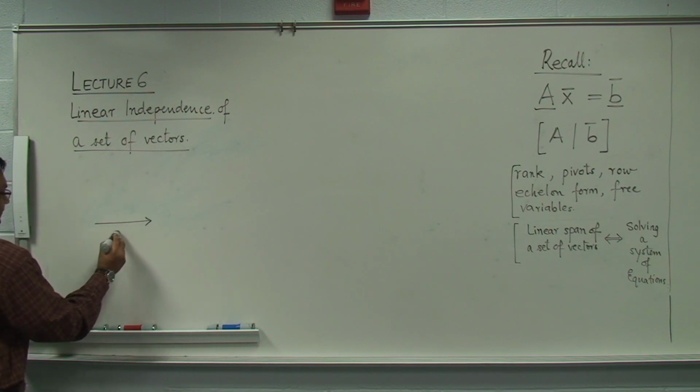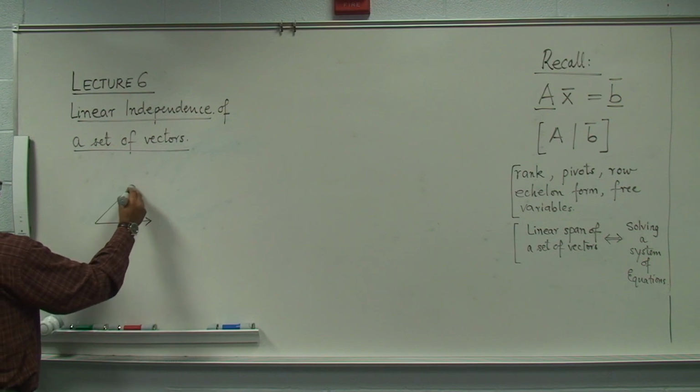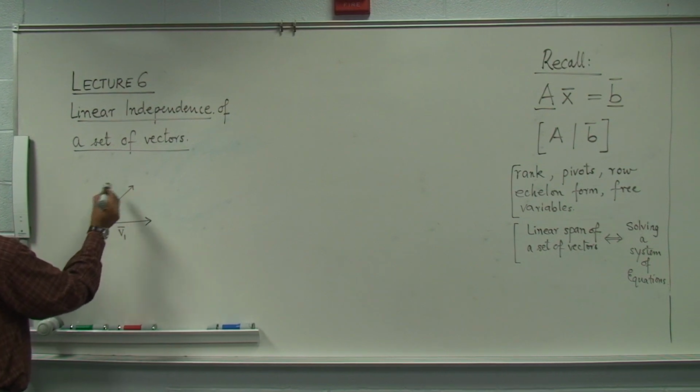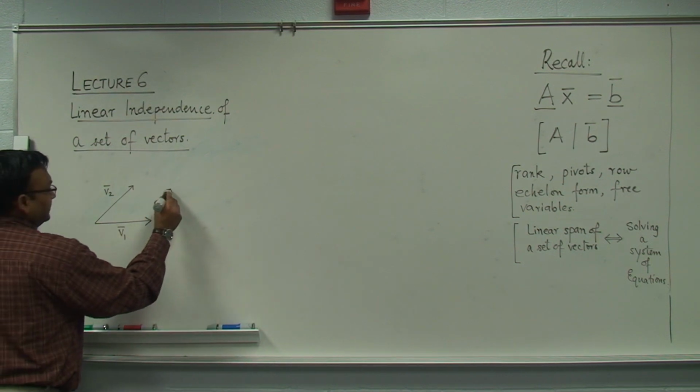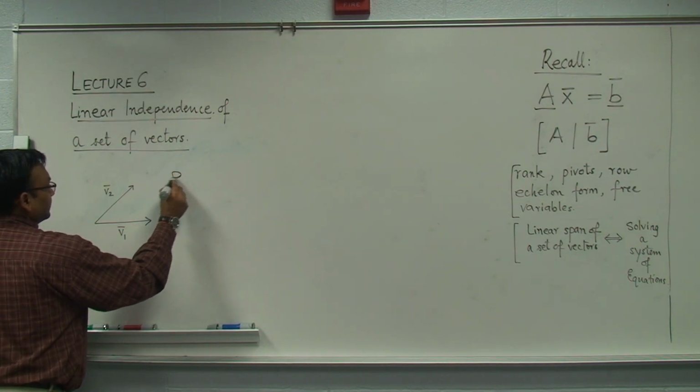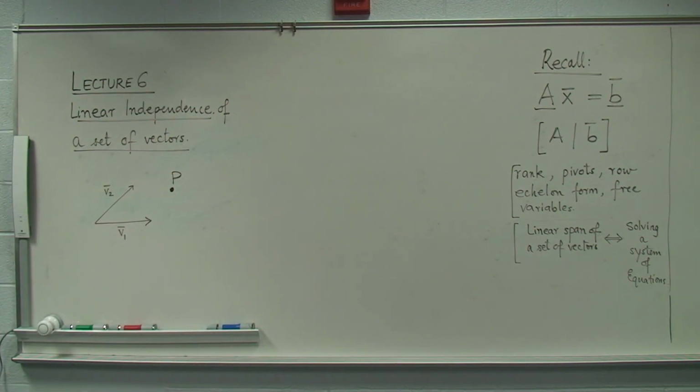So for example, if I give you a vector v1, and I give you another vector, say v2, of course from the looks of it we can say these are non-parallel vectors. And once I have non-parallel vectors, it will be easy for me to reach any point P using just these two vectors.